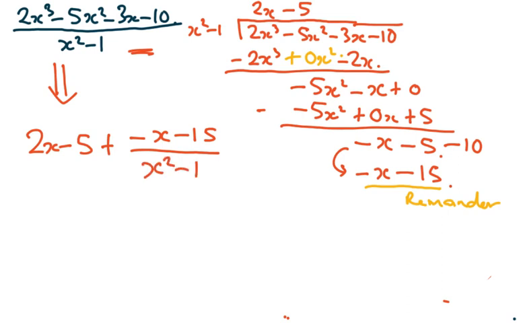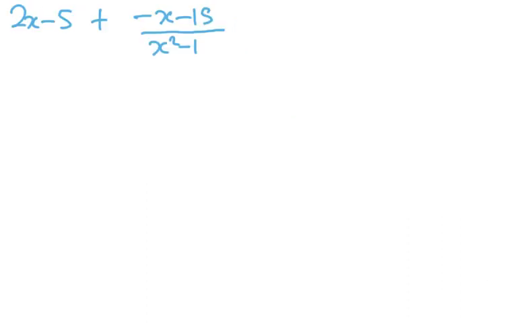This is what you need for the partial fraction decomposition method, to find out what your a and b values are. So you can leave 2x minus 5 to one side. Imagine that's the whole number and this is your fraction. This is what we need to do the partial fraction decomposition on.